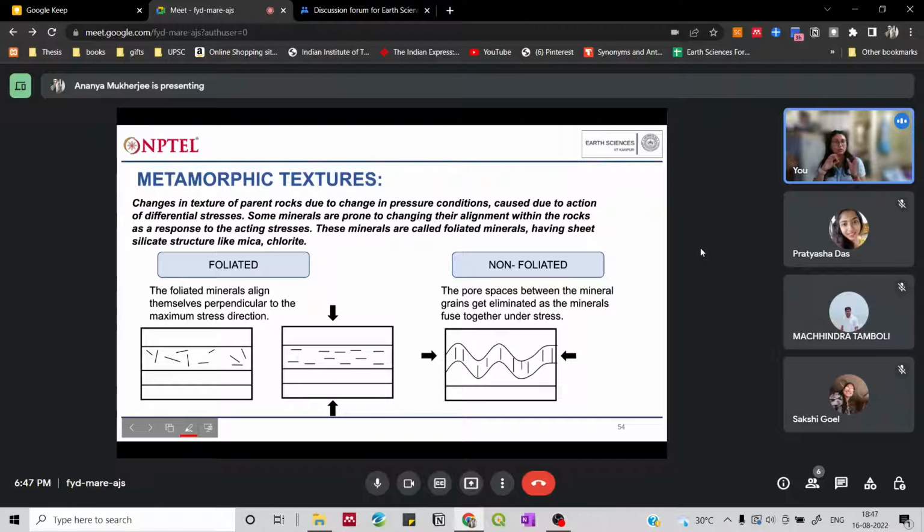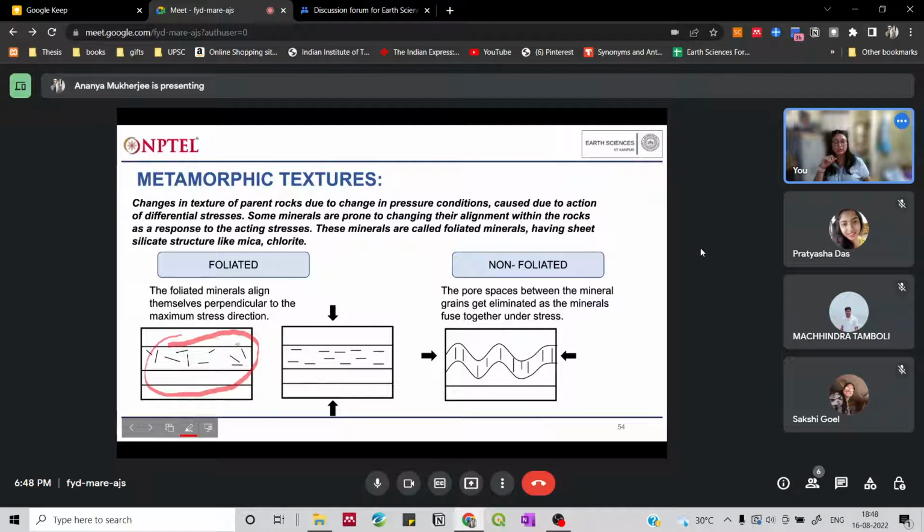When stresses are acting on the rock, you will have different kinds of alignment of these foliated minerals. As you can see in the example in the extreme left figure, these are foliated minerals in random directions.